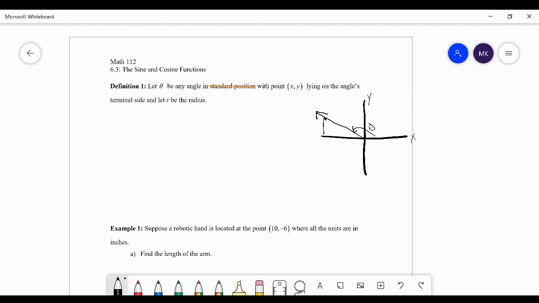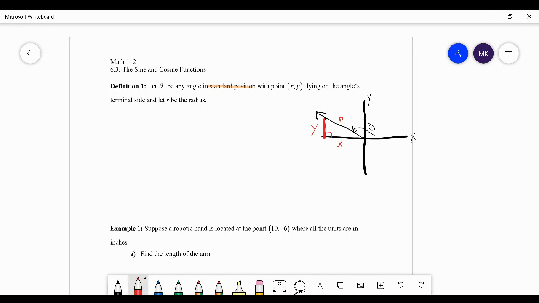From that point, we can create this kind of right triangle. The distance here is y, because we think about the coordinate point of this. This distance here is x, and then this is our radius.